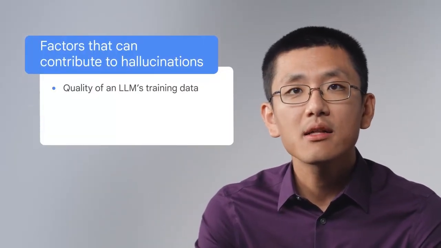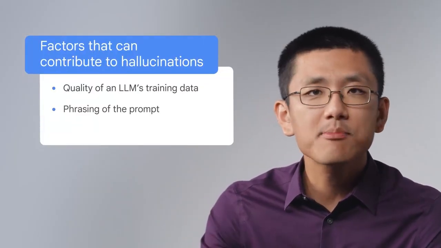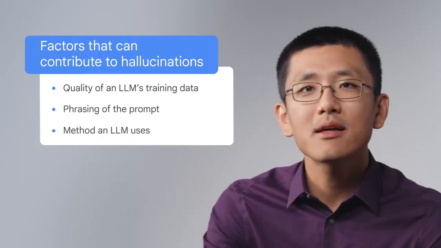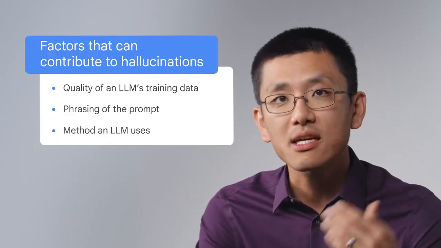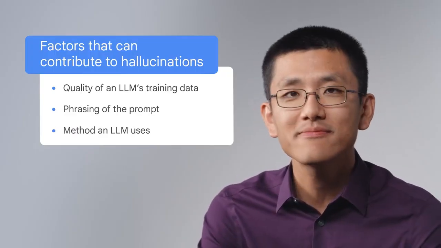A number of factors can contribute to hallucinations, such as the quality of an LLM's training data, the phrasing of the prompt, or the method an LLM uses to analyze text and predict the next word in a sequence.